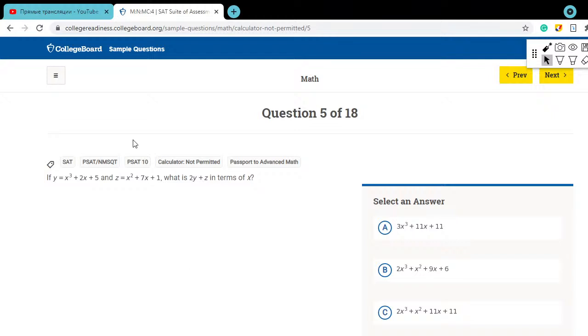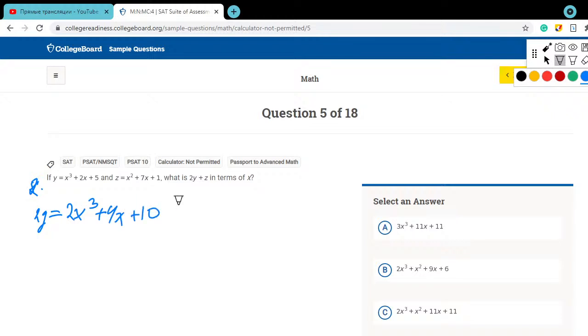If y equals this and z equals this, what is 2y plus z? So we have z and we need just 2y, so we multiply by 2. So 2y equals 2 times x to the power of 3, so 10.